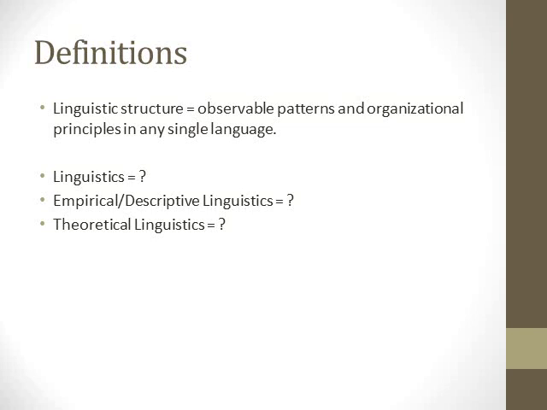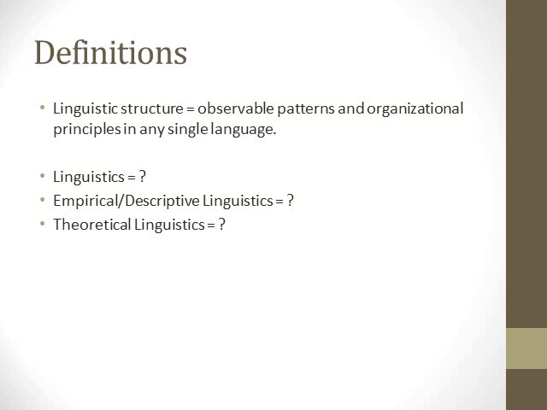Empirical linguistics is about describing things, so making observations and generalizing from those observations what you've seen. Sometimes you don't even have to generalize. Descriptive linguistics can also be about just describing what you see, being really good at observing linguistic phenomena.